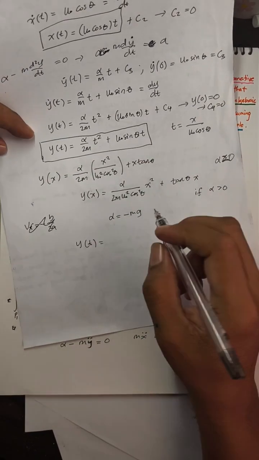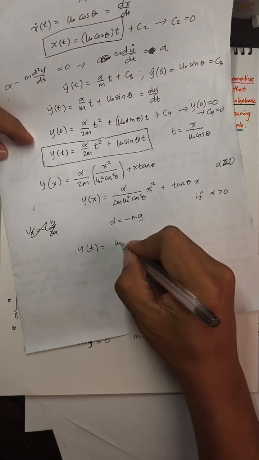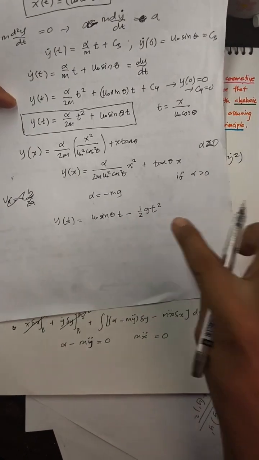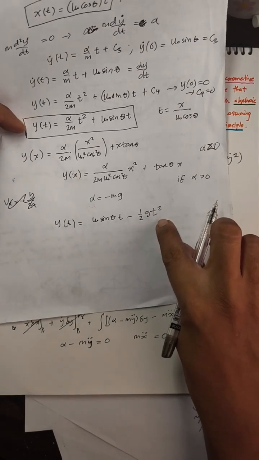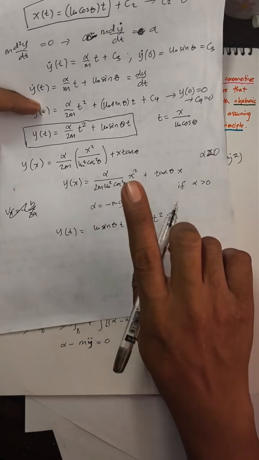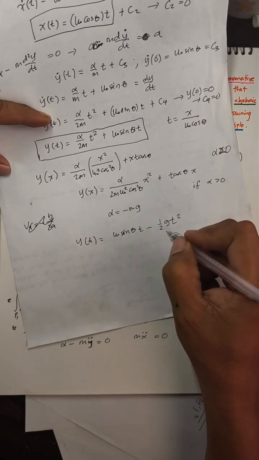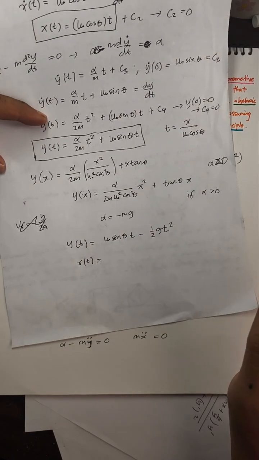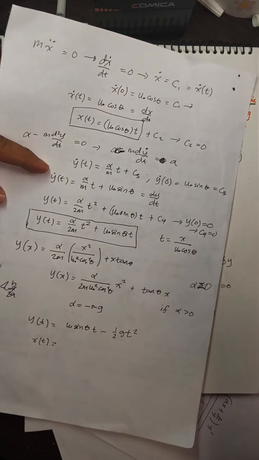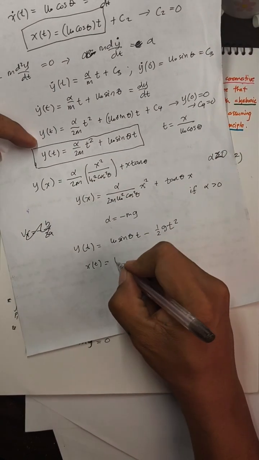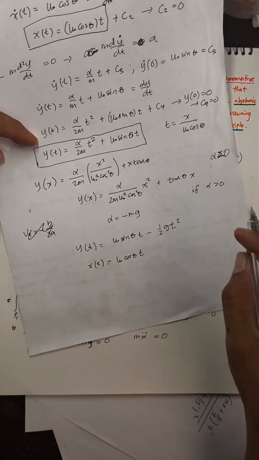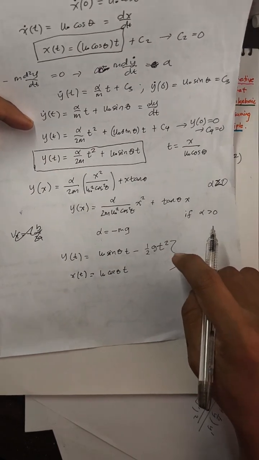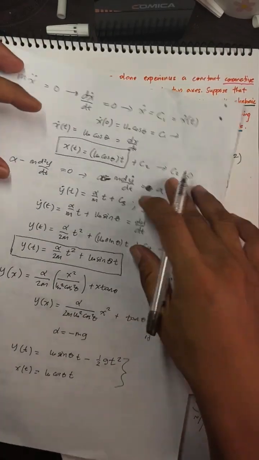Y of t now becomes u naught sine theta t minus 1 half g t squared, the y component of the projectile motion. And what would happen to x of t? X of t would be still the same. It's not affected: u naught cosine theta t. This is the equation of motion of a projectile. Projectile motion is a constant force field directed along negative y.